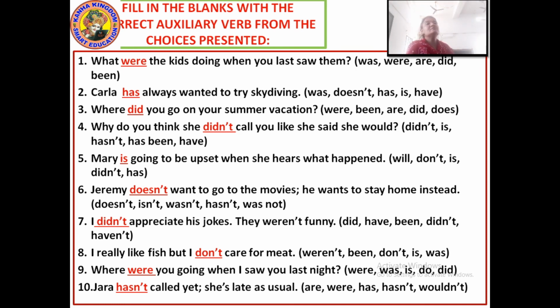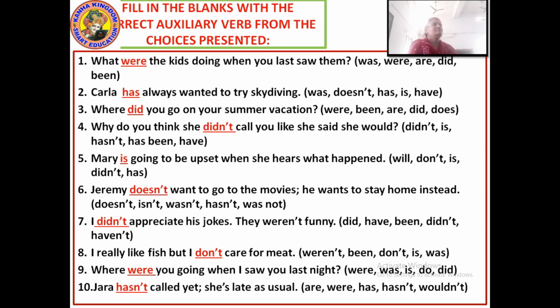Now the main verb is going, main verb with ing. So it is a progressive tense, so automatically we will use is. Has is used in perfect form, so we can't use it. Don't and didn't are in negative form, we can't use them. And will is for future tense, so we can't use will here, we will use is.